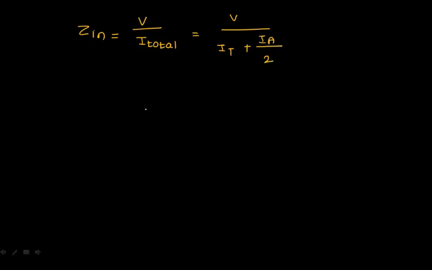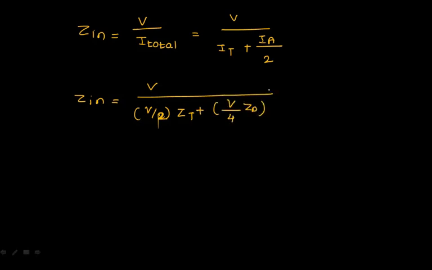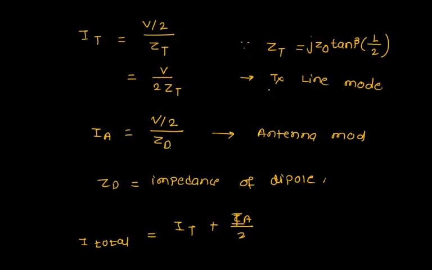Now here we are using IT and IA from the previous equations. You can write Zin is equal to V divided by V by 2ZT, which you saw in the transmission line mode, plus V by 4ZD. If you recall, IA is V by 2ZD. Now ZD, you can write here for the dipole.